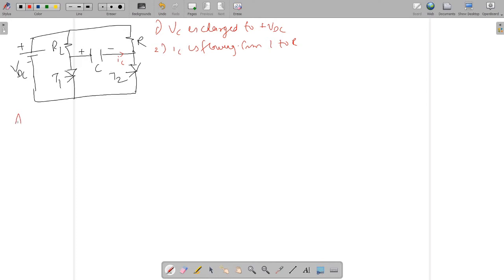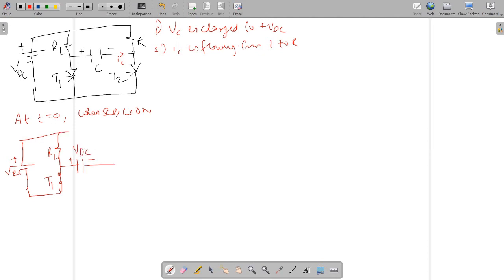At t equal to 0, provide a gate pulse. When SCR T1 is on, what will be the configuration of the circuit? The configuration will be plus VDC, then RL, then, because you have applied a gate pulse to T1, the capacitor, which is already charged to VDC, and then a resistor.